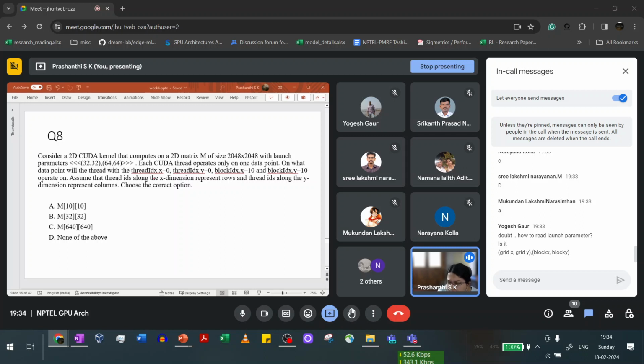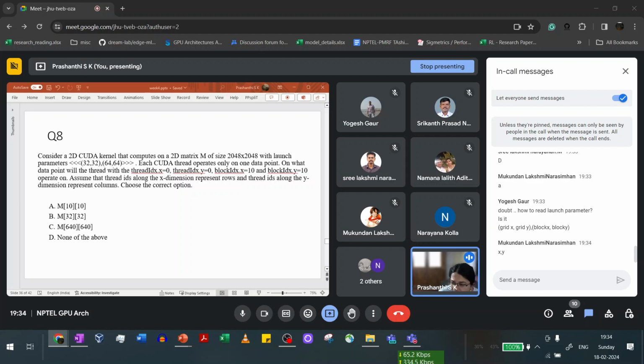Okay, how to read the launch parameters? Is it grid x comma grid y, block x comma block y? What was discussed in the lectures, was it y comma x or x comma y? In this case, it wouldn't make a difference because both are the same. But whatever was used in your lecture, follow that typically for questions.